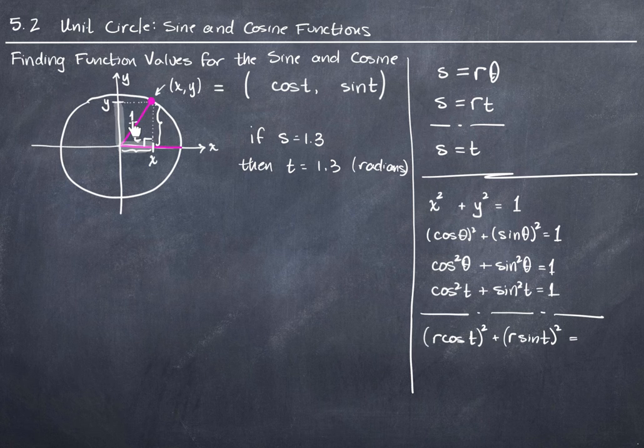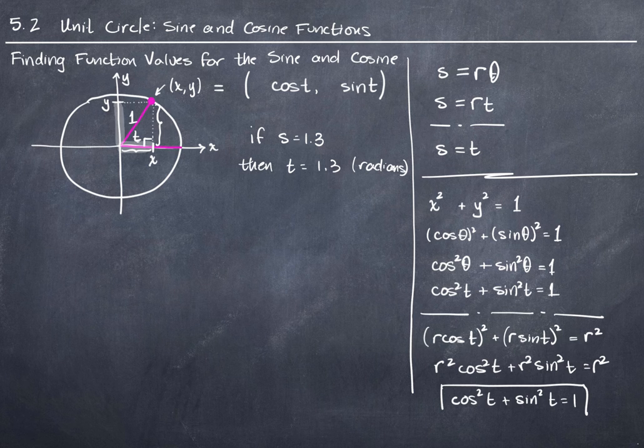Well, when it's some unknown radius r, we have r squared. So if I expand this now, I get r squared cosine squared plus r squared sine squared equals r squared. And if I divide both sides by r squared, I get cosine squared plus sine squared equals 1. So this formula, this piece of information, is going to come back and, I want to say haunt you, but it's not exactly haunting you so much as you're going to see this a lot.